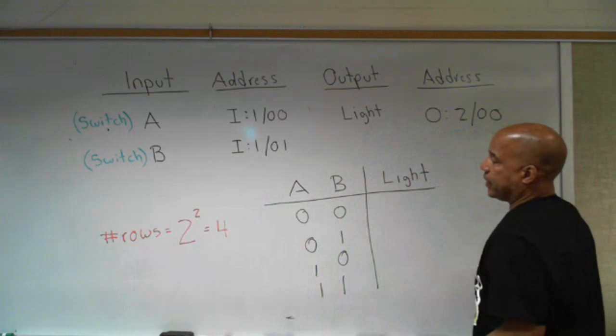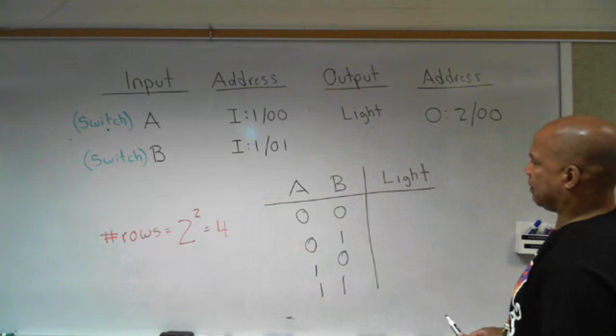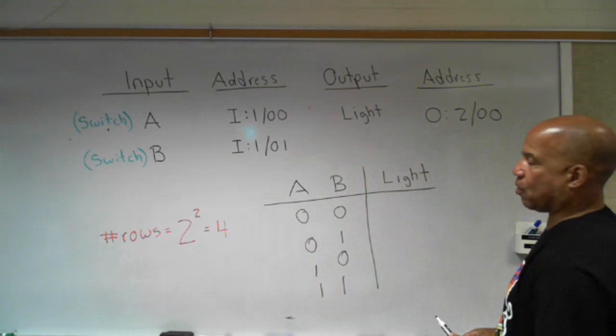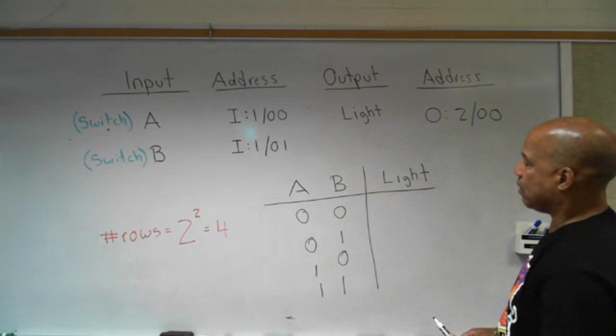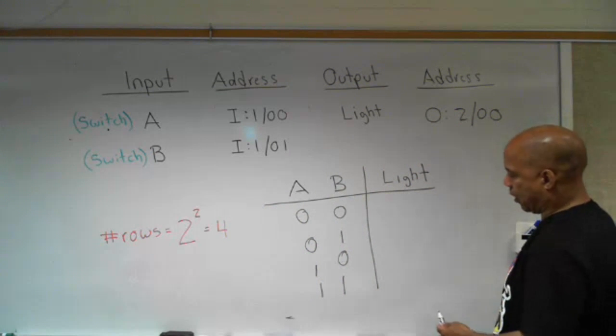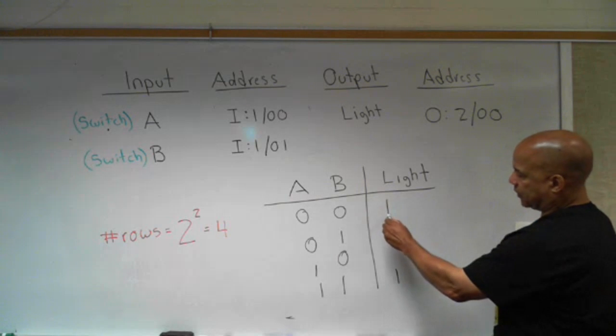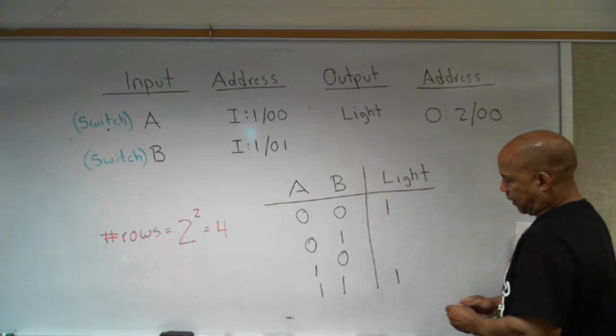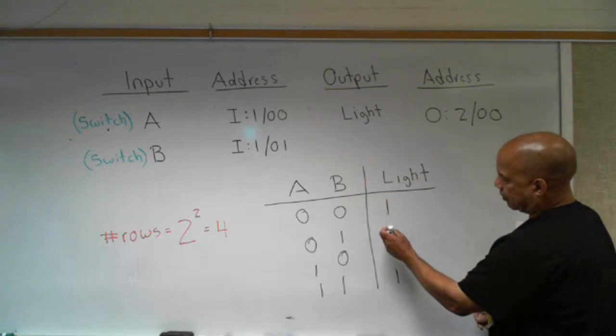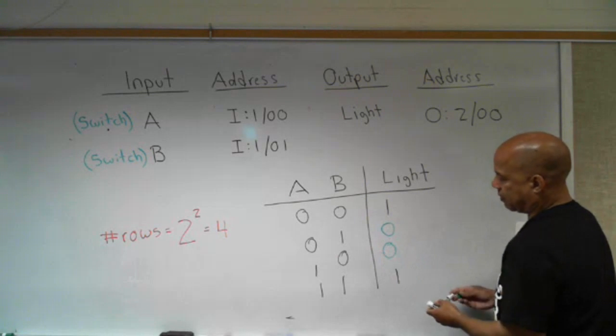And it says I want the light to light, or want the output in my program, when both switches are on, that would be this condition, or both switches are off, that would be this condition. It will be false for the other two. So false here and false there.